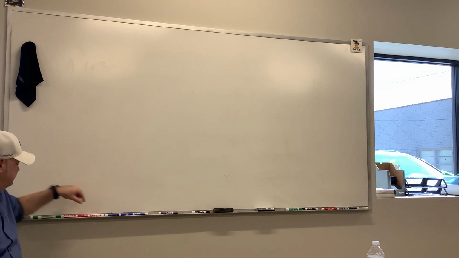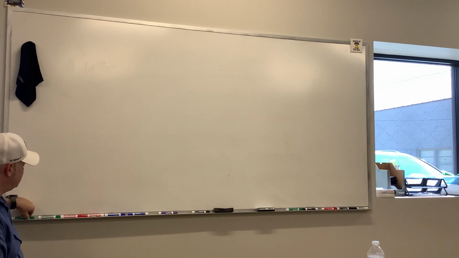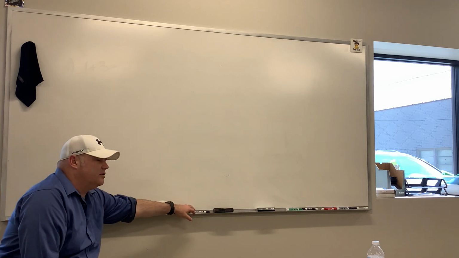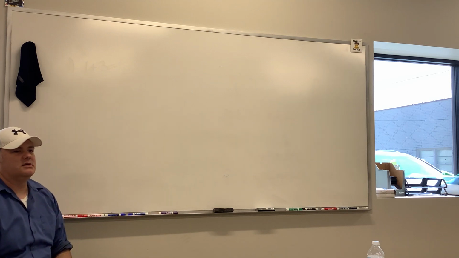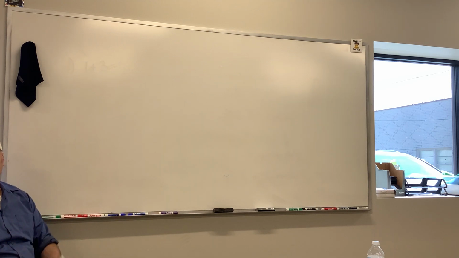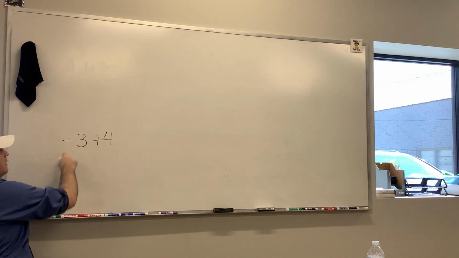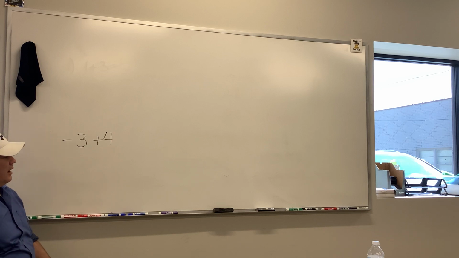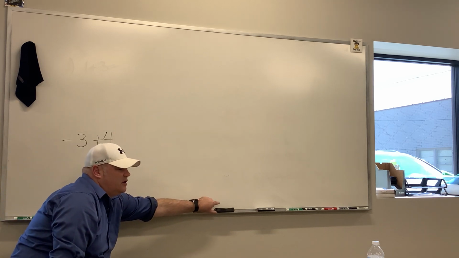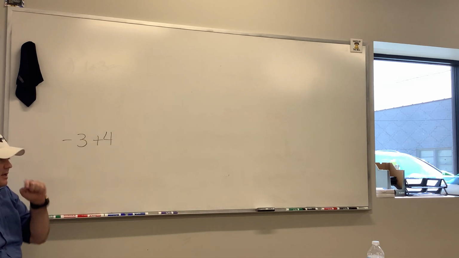I'll show you what I mean. Now, as far as the symbols that you're going to start seeing is obviously your negative and positive sign, okay? And we've already seen where the negative can be at the start of the problem, like that, where the negative's out here. Now, one thing that you're going to start seeing them use is parentheses.